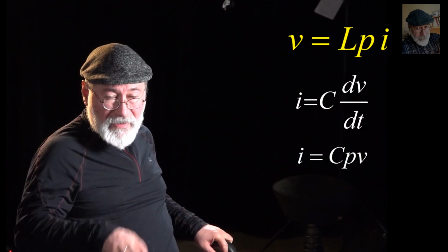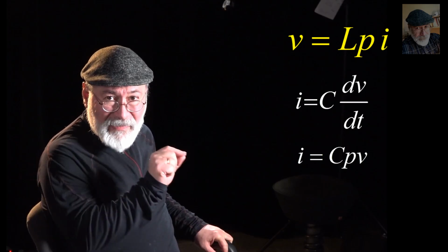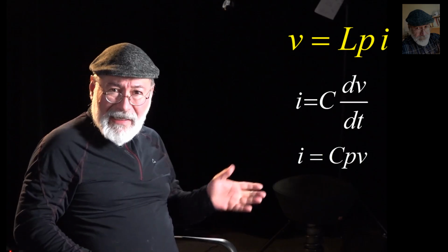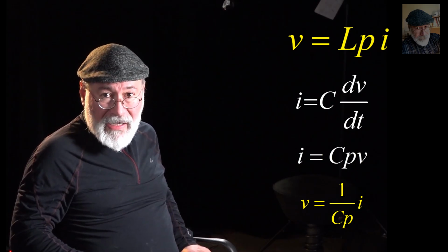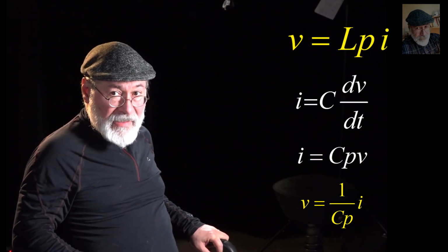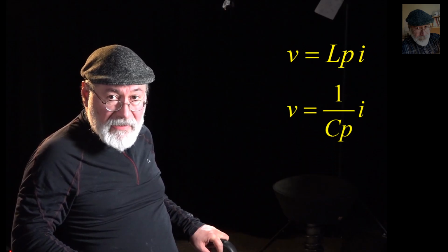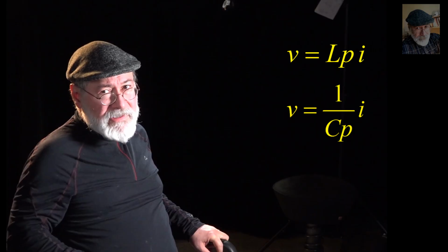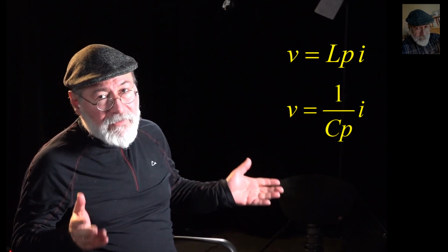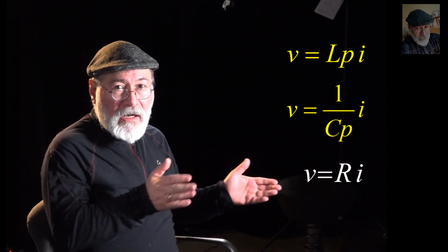Right, that would be I is CpV. Let's divide by Cp both sides of that equation, and it says V in the capacitor is 1 over Cp times I. And for the resistor, nothing new.